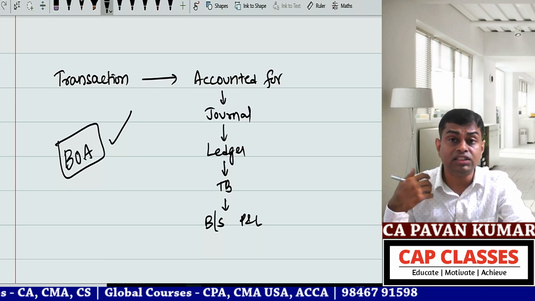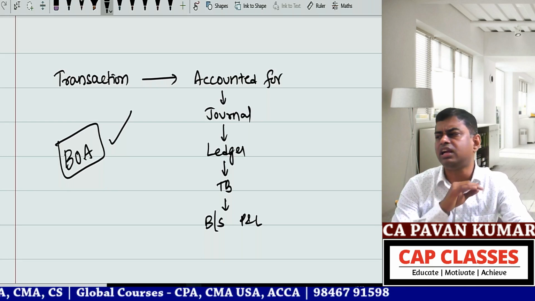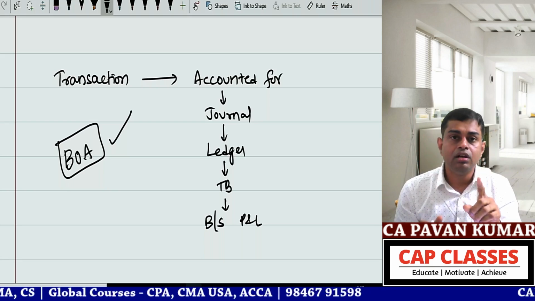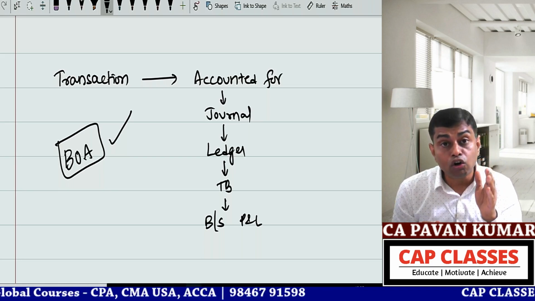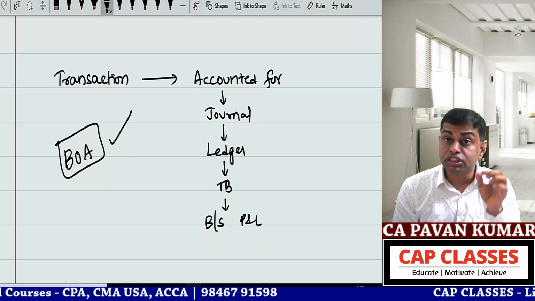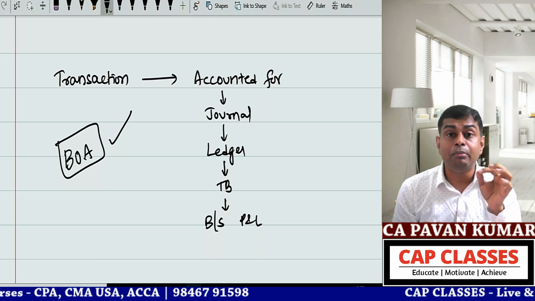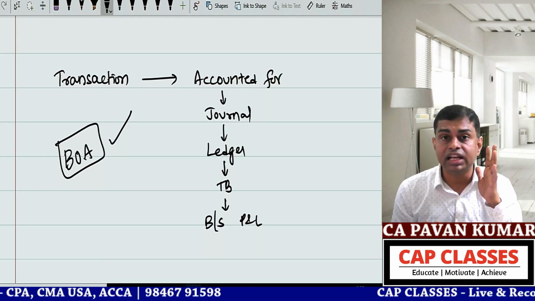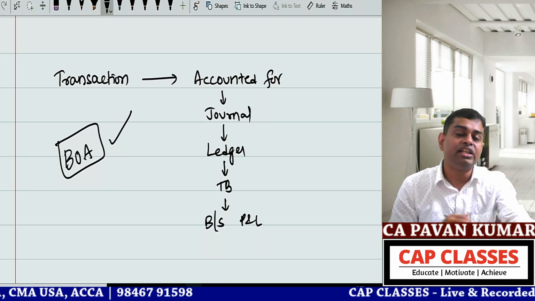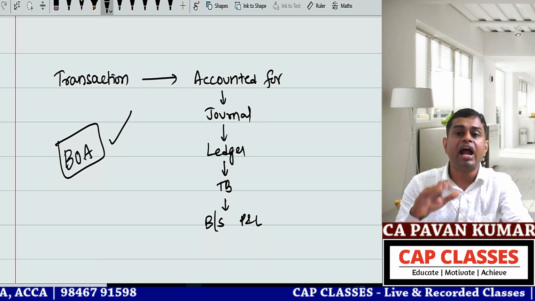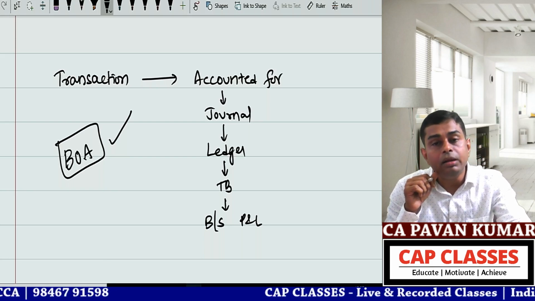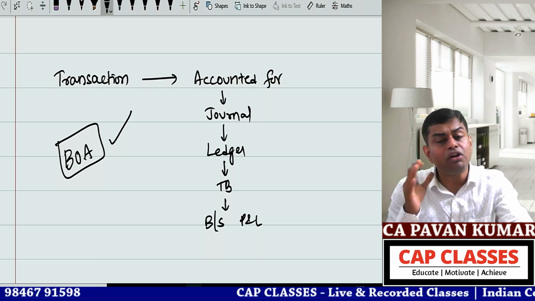If you read what financial statements are and what books of account are, it is clearly defined, and they clearly mention that companies have to follow the accrual method of accounting, and the books of account must be kept under double entry system. If you follow single entry system, that is a violation of the Companies Act. So this cannot be seen in banks or limited companies. You cannot see single entry system there.